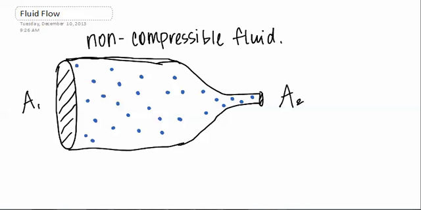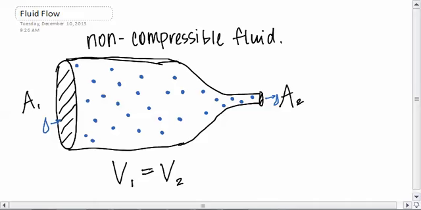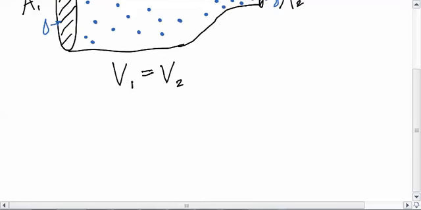So if the density doesn't change because the fluid is non-compressible, then if we put 1 drop of fluid in this side, what must come out the other side? 1 drop of fluid. So the volume that goes in must equal the volume that comes out. And if we can't compress it, then this must also happen in the same amount of time.